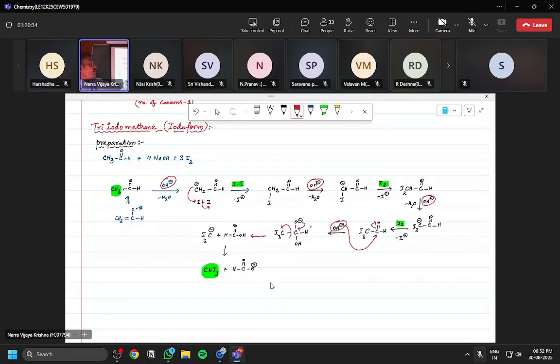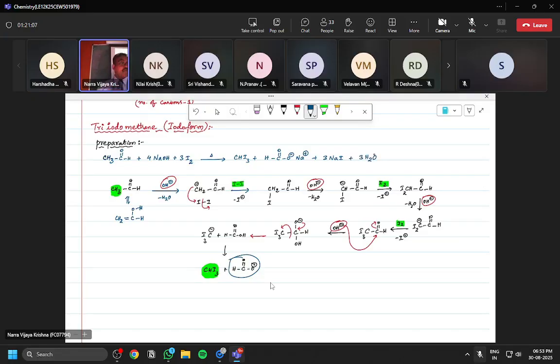So I am using NaOH 4 times. Correct? So the product will be CHI3 plus HCOO minus Na plus. Correct, sir? This will convert into salt or not? Plus 3 moles of NaI plus 3 moles of H2O.